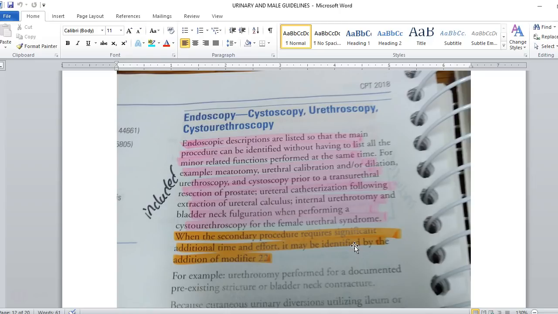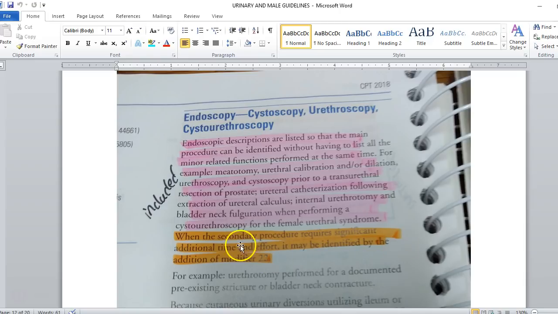For example, these are things included in the following codes: urethral calibration and/or dilation, urethroscopy and cystoscopy prior to a transurethral resection of the prostate, ureteral catheterization following extraction of a ureteral calculus, internal urethrotomy and bladder neck fulguration when performing a cystourethroscopy for female urethral syndrome.